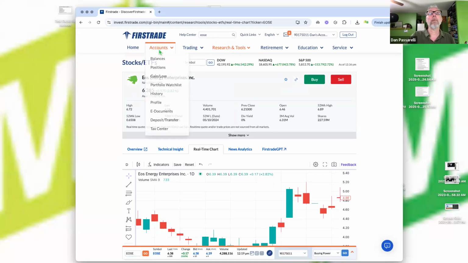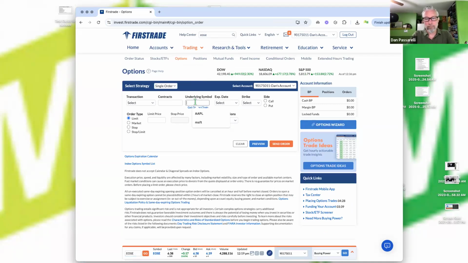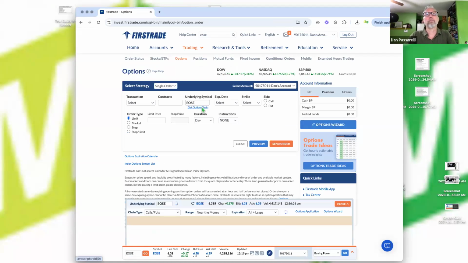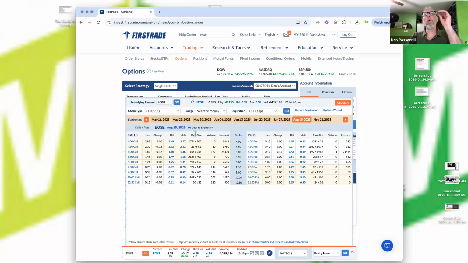So instead, what I want to do is start with the time frame and say, well, what if I bought these 6 strike calls and sold the 10 strike calls? If I don't think it's going above 10, that's exactly what I would want to do. Why? Because I care about probability of success versus risk reward.